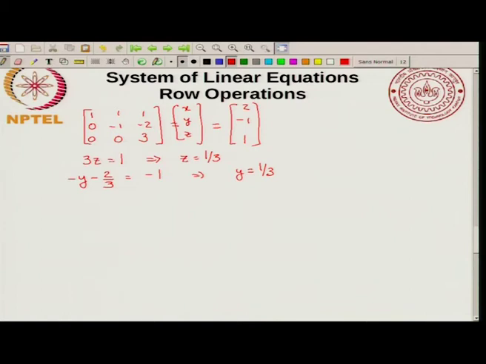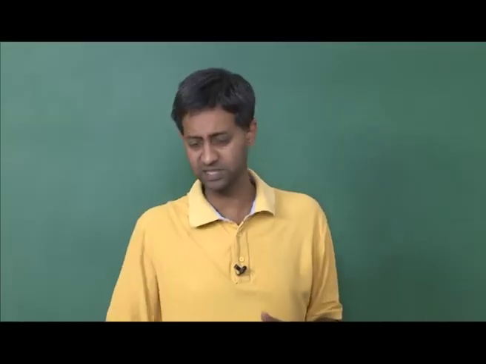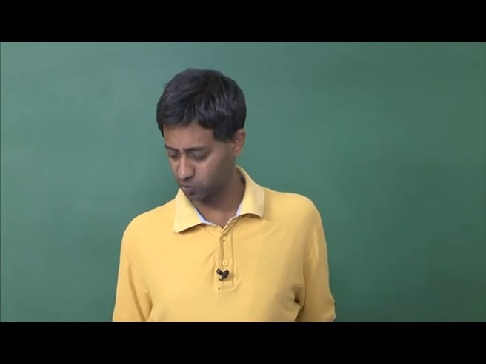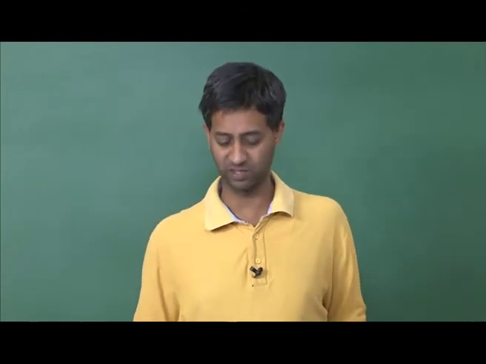Now you have z equal to 1 by 3 and y equal to 1 by 3, so you look at the first equation. x plus 1 by 3 plus 1 by 3 equal to 2 implies x equal to 4 by 3. So using these row operations, we solved this system of equations without using Cramer's rule or determinants.